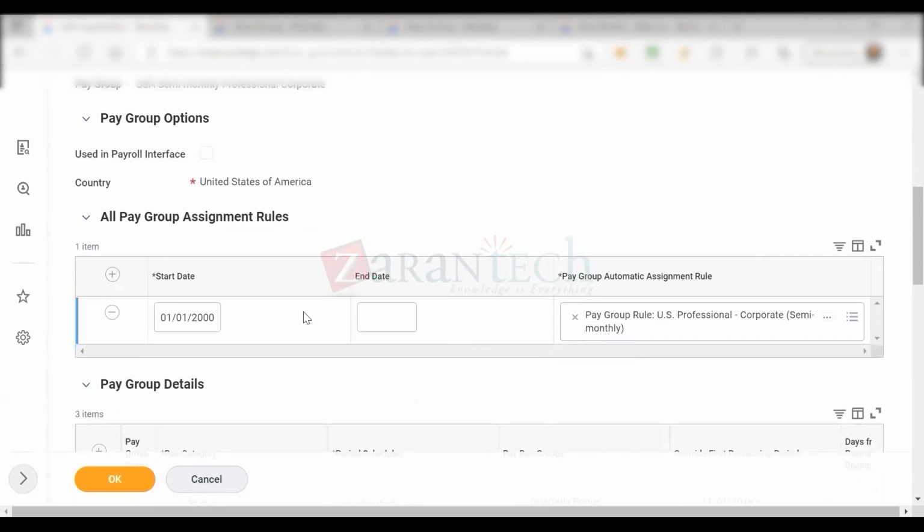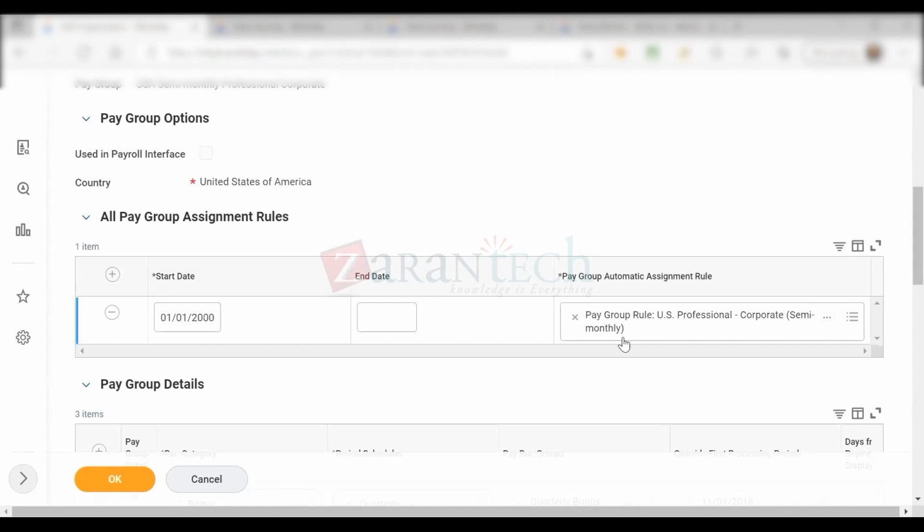There is another section where we can assign the auto assignment rule, and this is very important. As I said, we are working with a customer who has 100,000 employees. With such a large employee base, there will be hundreds of transfers happening from one region to another, and a few hundred transfers or promotions.